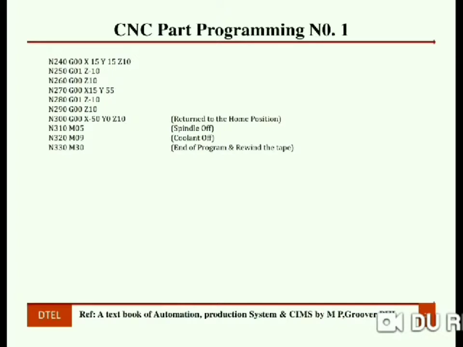Now we are going to turn off the spindle, N310, M05, spindle off. Again we need to turn off the coolant, N320, M09, coolant off, and the last statement is end of program, N330, M30, that is end of program and rewind the tape. So here we have completed CNC part programming on the milling operation.